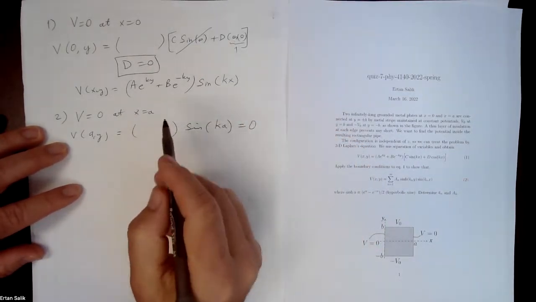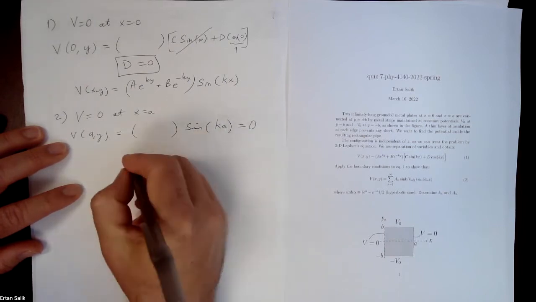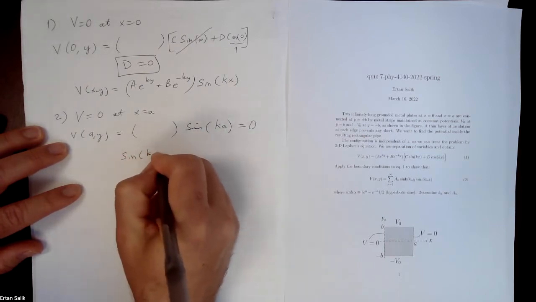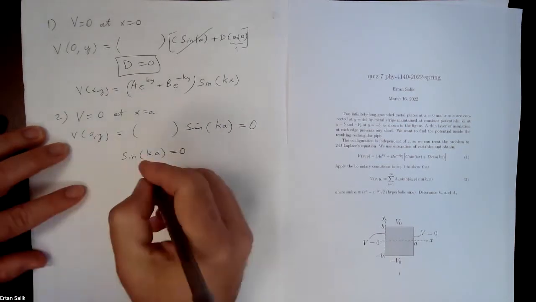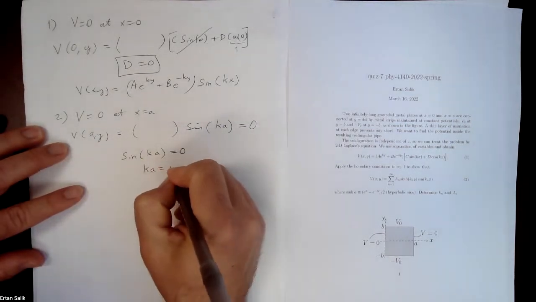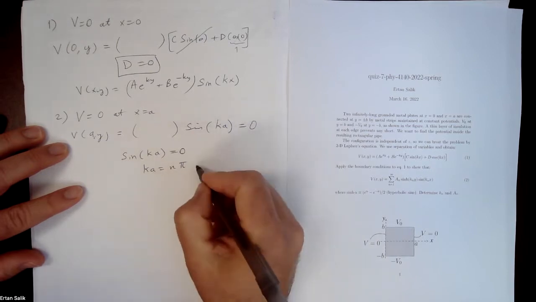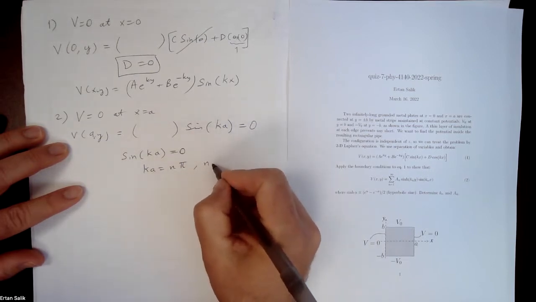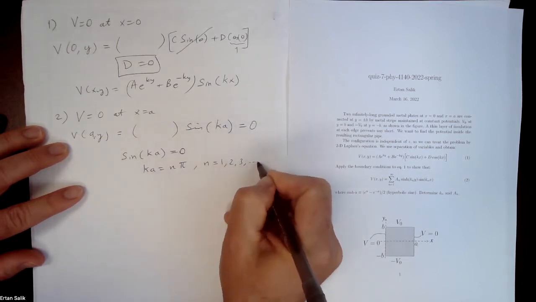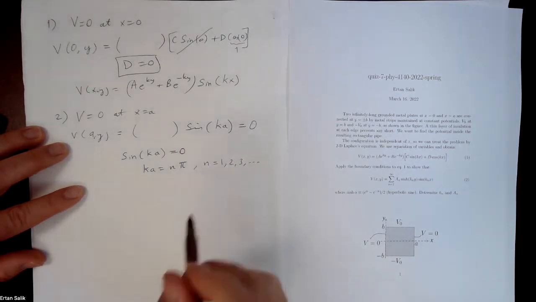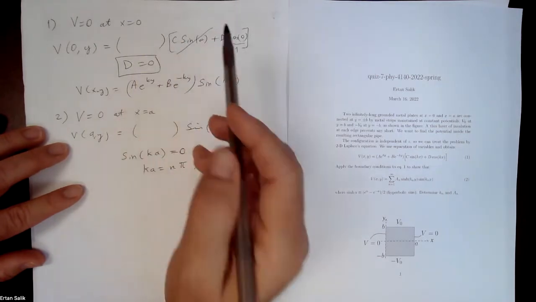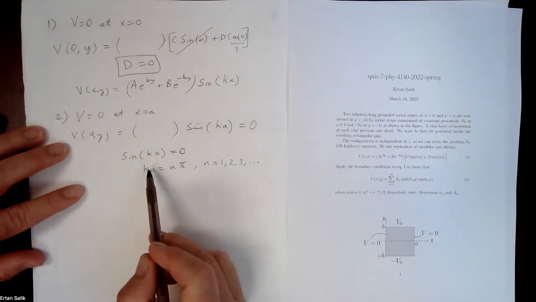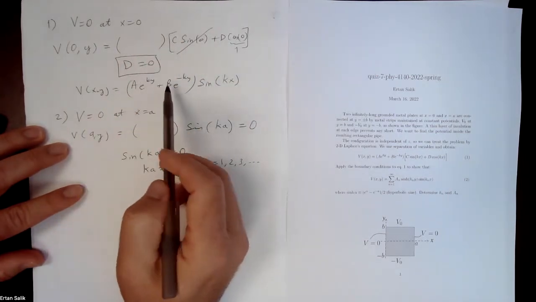Again, the y part in general is non-zero, so sine of ka must be equal to 0, and this has multiple solutions. ka should be n pi, where n is 1, 2, 3, etc. We don't write negative ones because in the original solutions, if k is negative, then you have a problem, right?